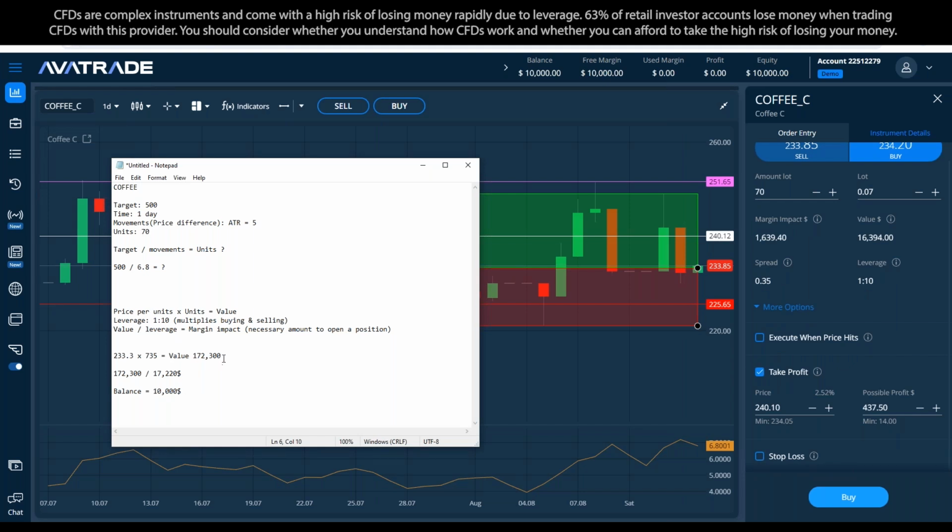This all can change. Instead of 735, it will be 73. This comes down to 16 instead of 175. In here, that's going to be like that. And that goes down by a 0.